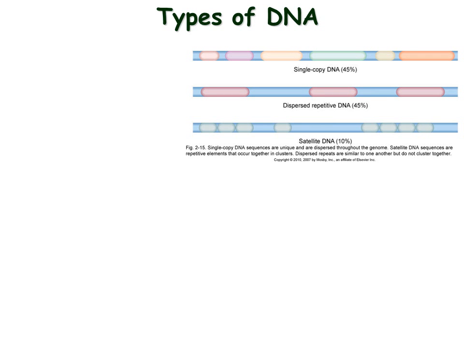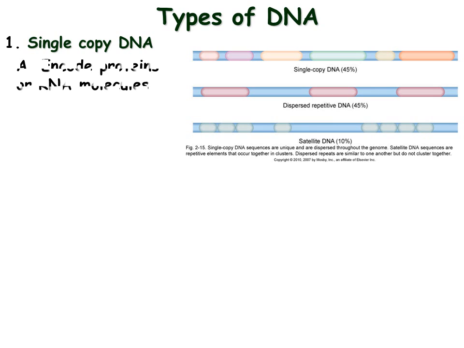All right, so types of DNA is what we're going to end with in this, because we've already seen that there are these repeats that can expand and cause disease. So you need to understand that the single copy DNA of genes does not represent that much of our genome. Single copy DNA is only 45%.